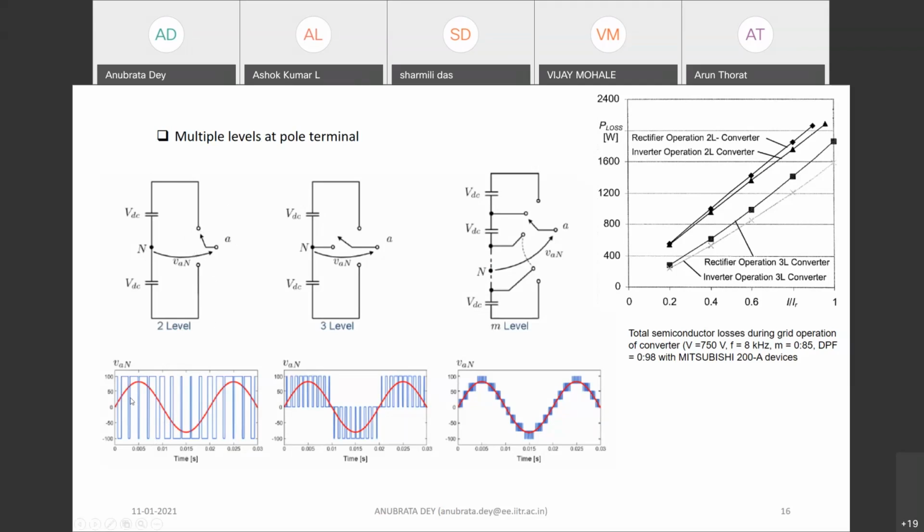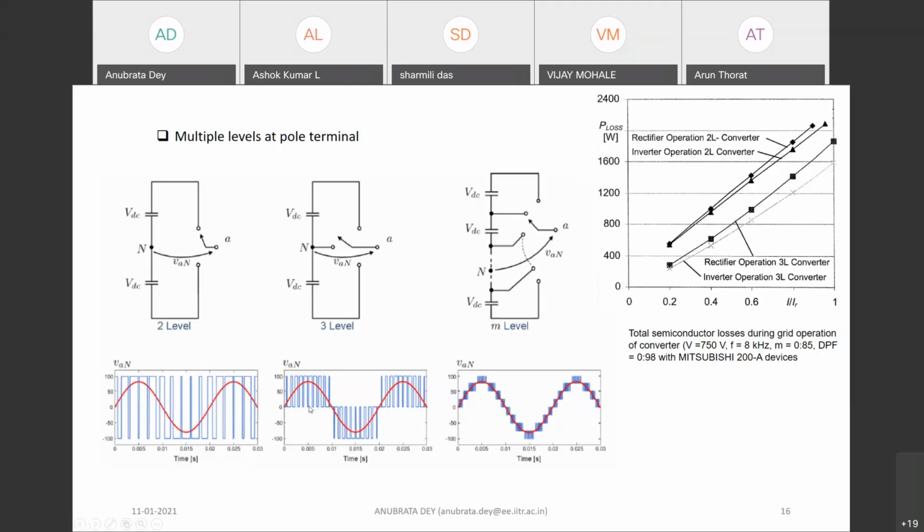As you can see here, for realizing a sinusoidal voltage, fundamentally you need to switch randomly, but the switching levels are between either plus VDC or minus VDC. These two levels are only available, so we have to synthesize the fundamental out of these two levels. But if you come to three level, then you have a little more flexibility, because your jumps in the voltage levels are less.